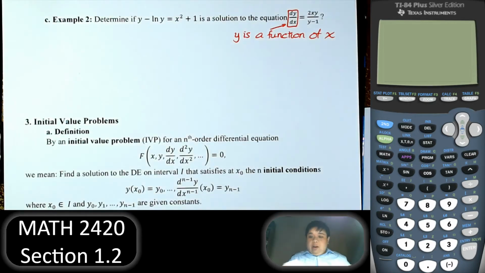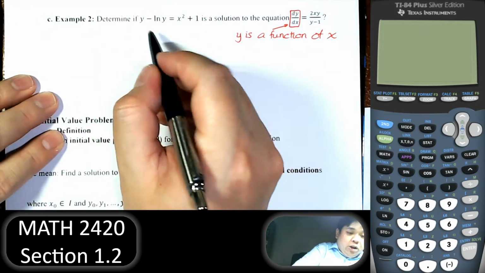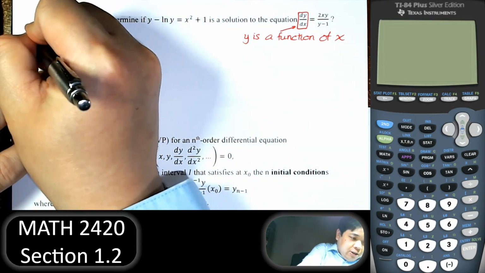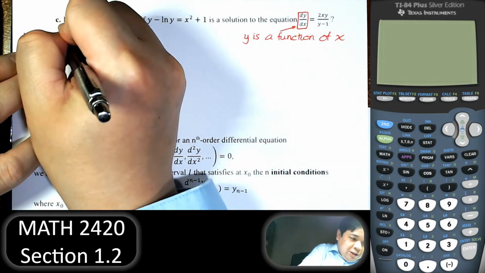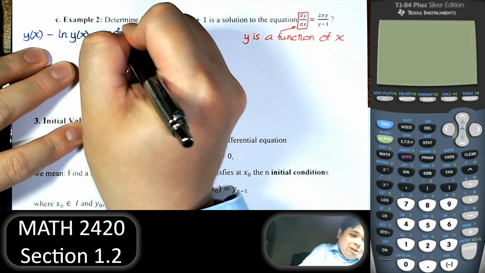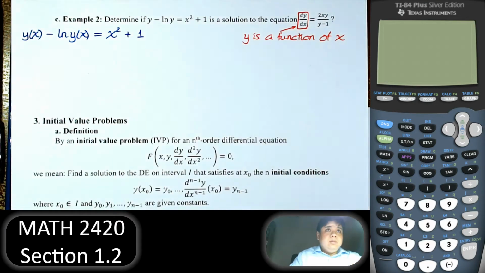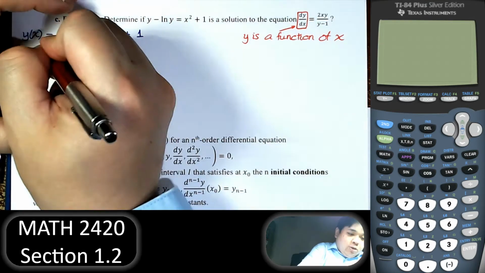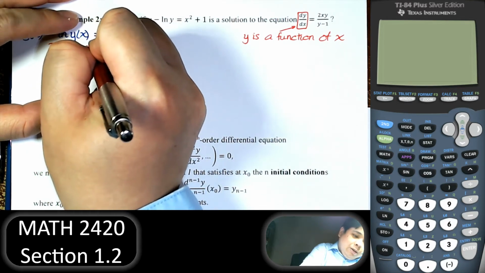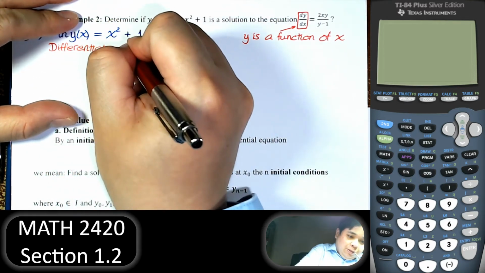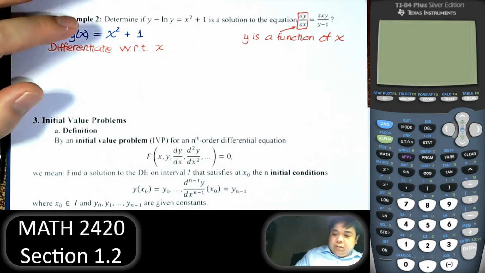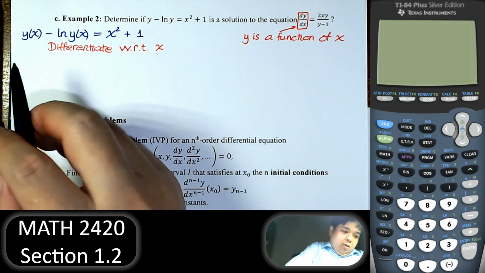So we can take the derivative implicitly with respect to x. The equation here, we can write that as a function of x. So we differentiate with respect to x. Right.